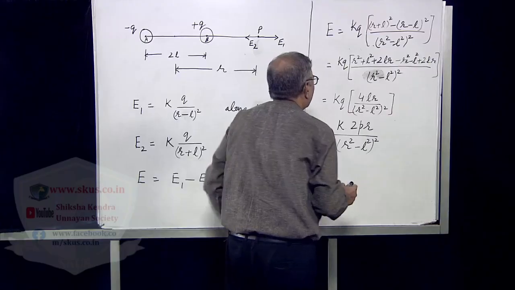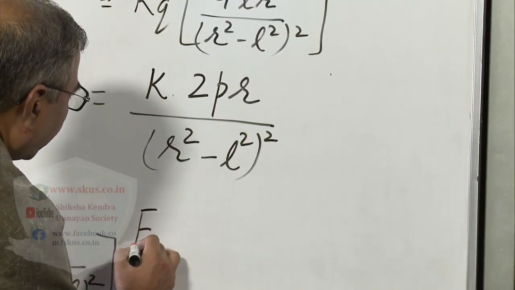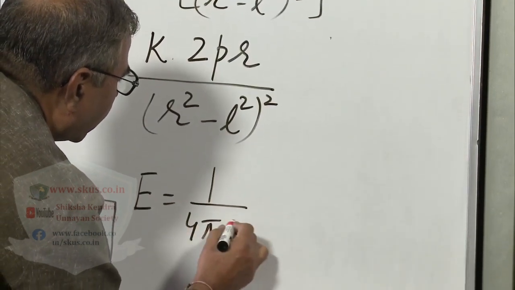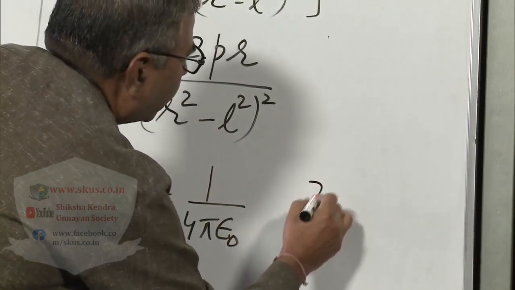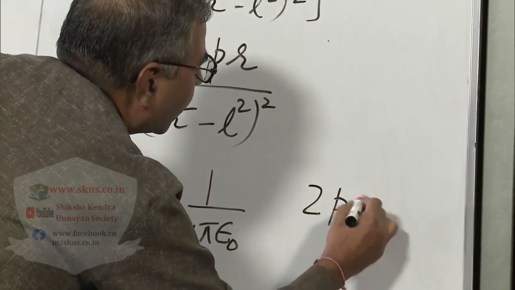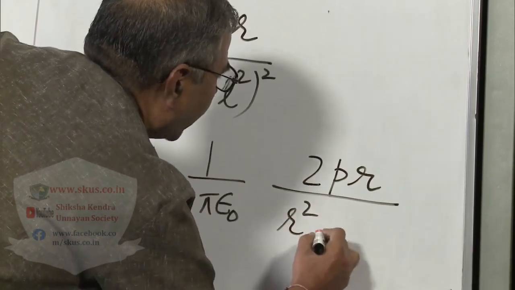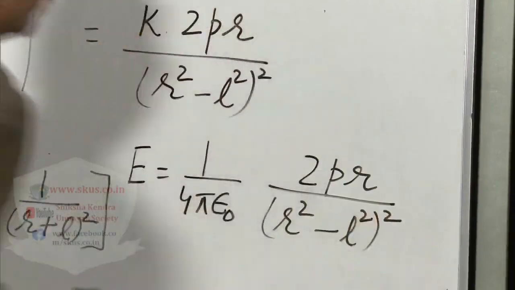Now, this K is nothing but 1 upon 4 pi epsilon naught. So, electric field E will be equal to 1 upon 4 pi epsilon naught 2 P R upon (R square minus L square) whole square.